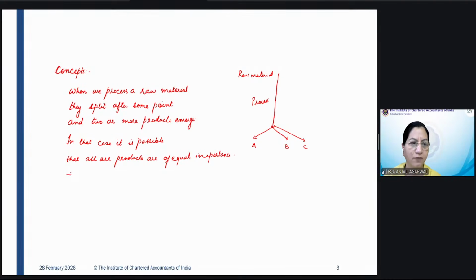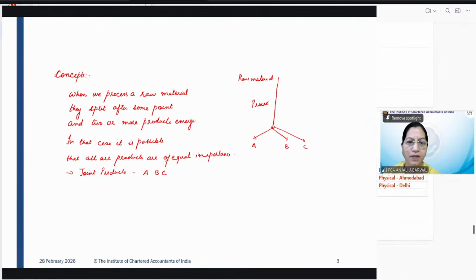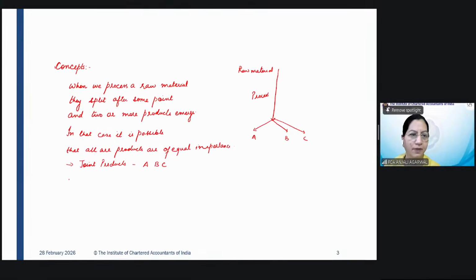If they are of equal importance, then they are called joint products. So if A, B, and C all are of equal importance, A, B, and C become joint products.